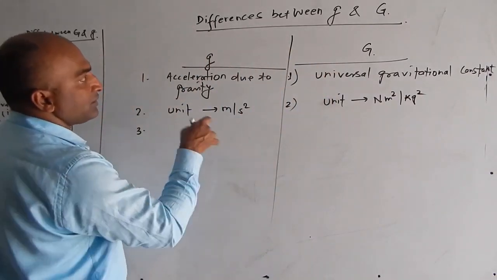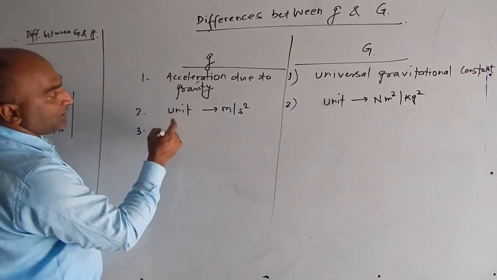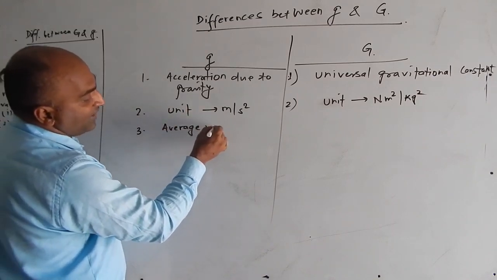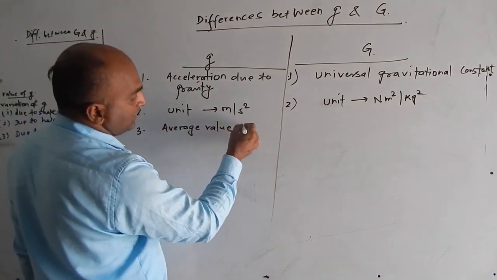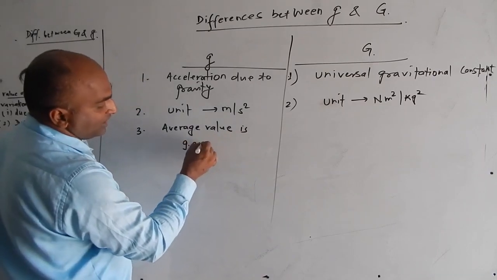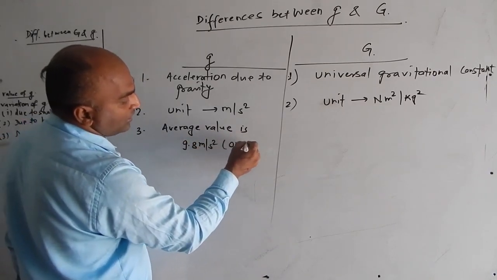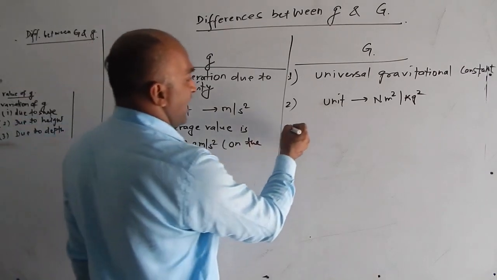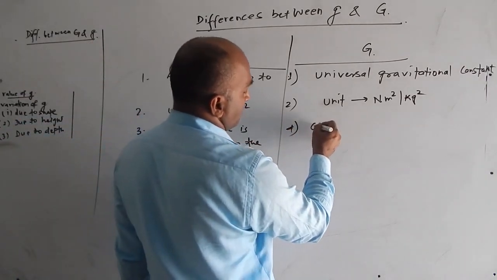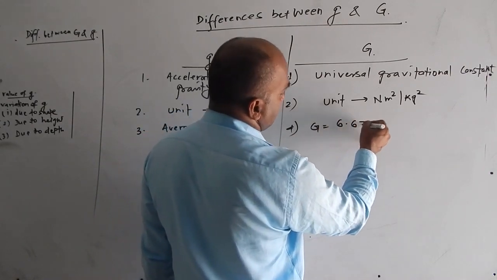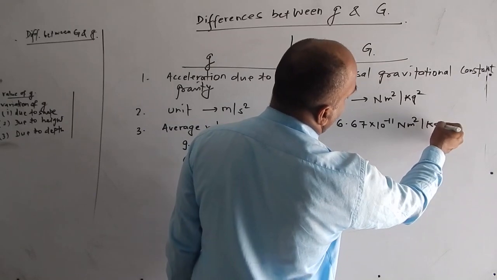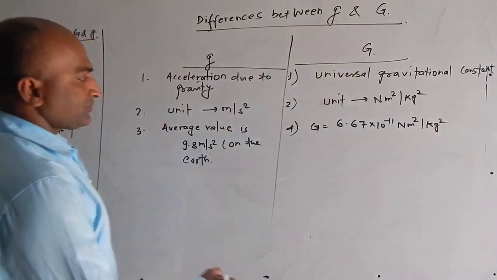Similarly, third, the average value of small g is 9.8 meter per square second on the earth, and the value of capital G is 6.67 into 10 power minus 11 Newton meter square per kilogram square.